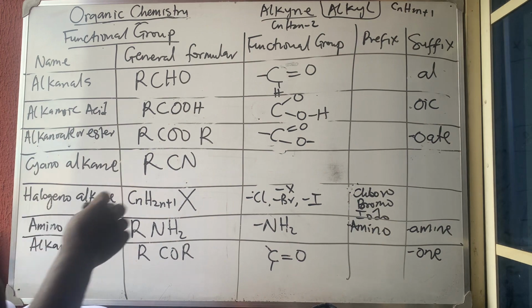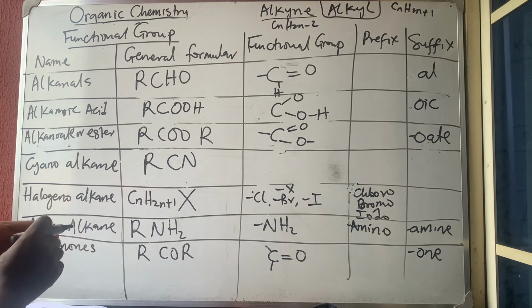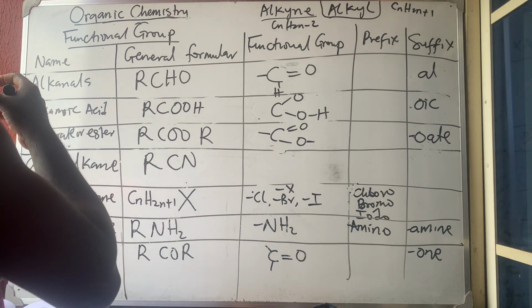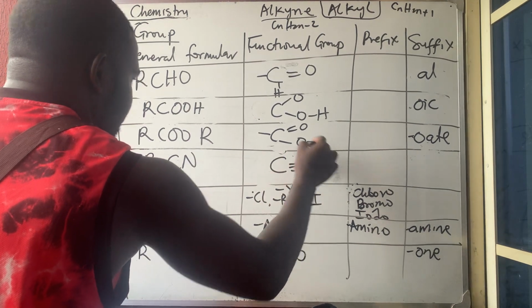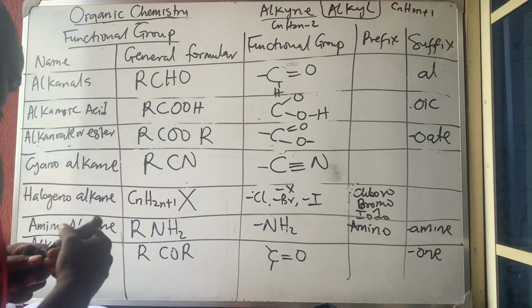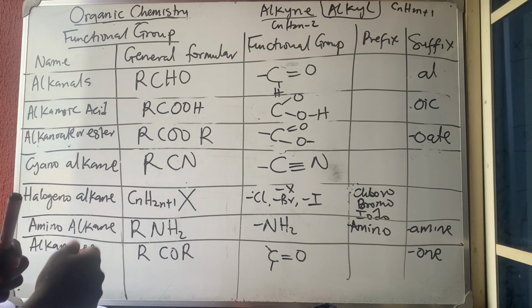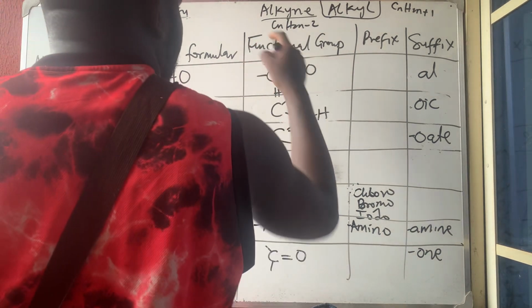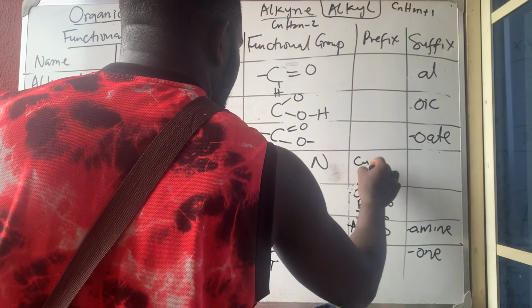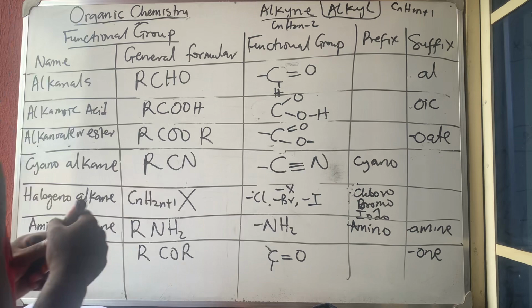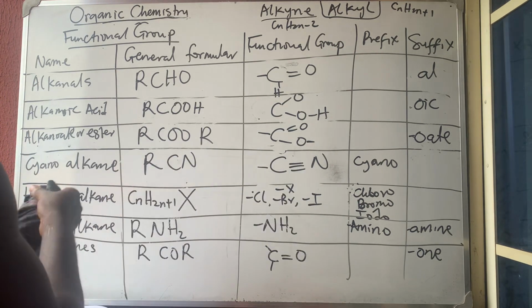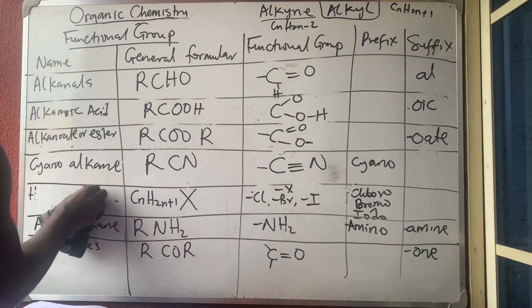Don't forget R is still your alkyl. So R, CN, and CN is C triple bond N. They are used as the prefix "cyano", the same name. Okay, we keep moving.